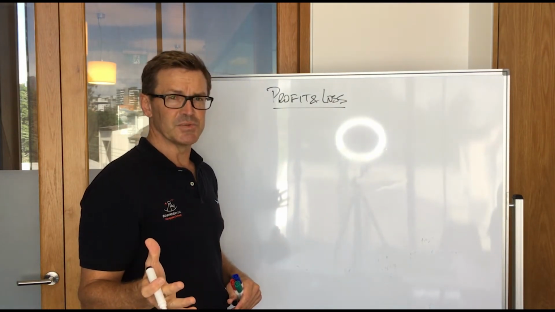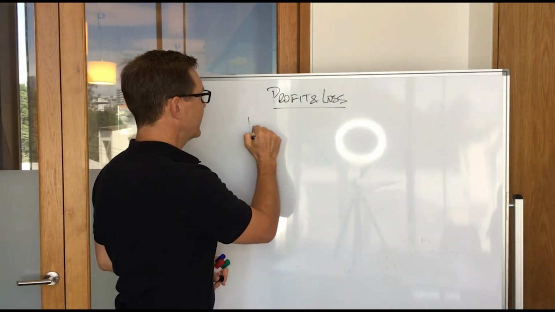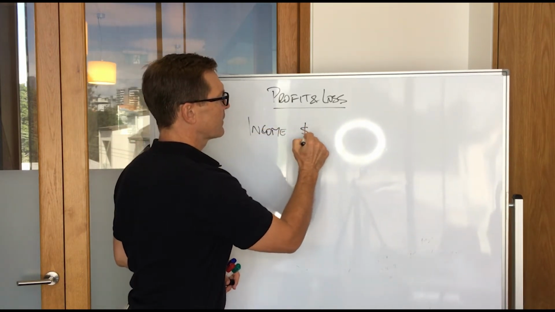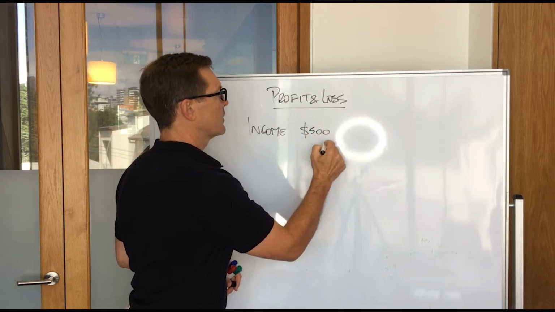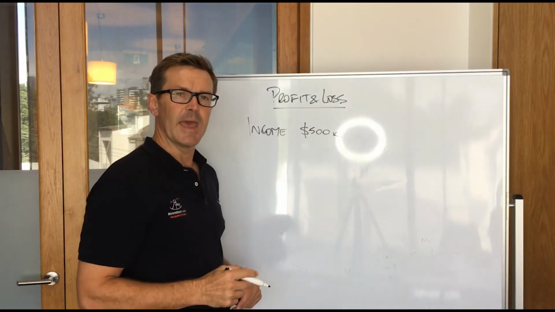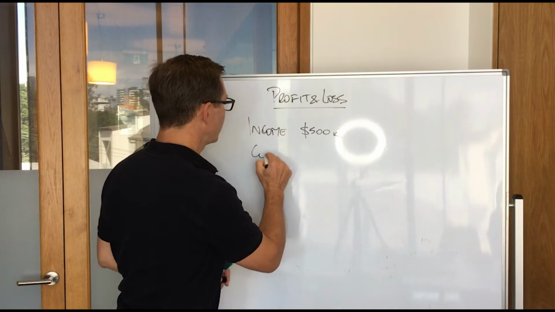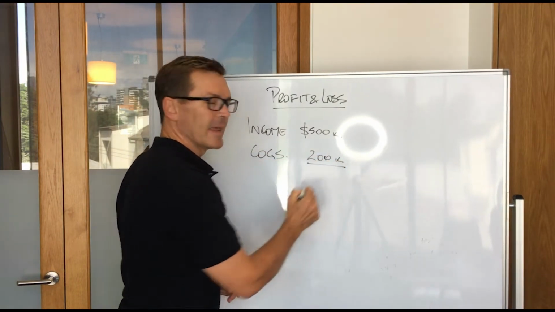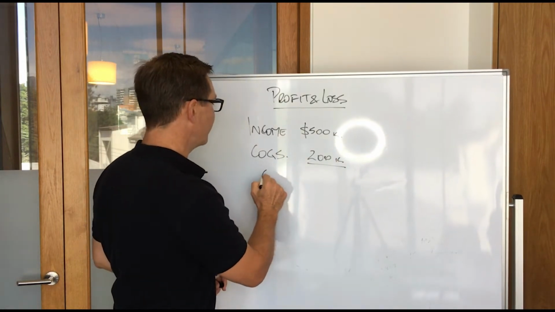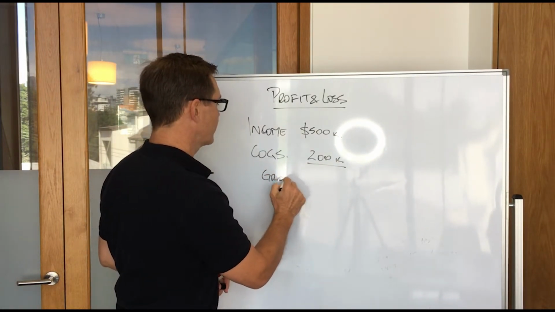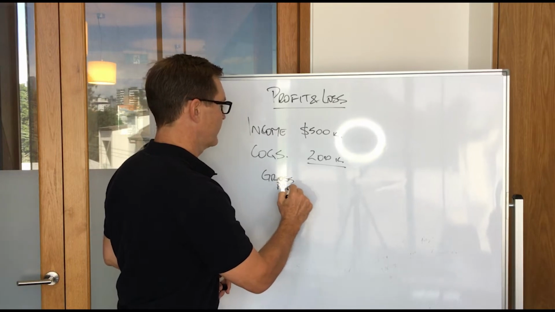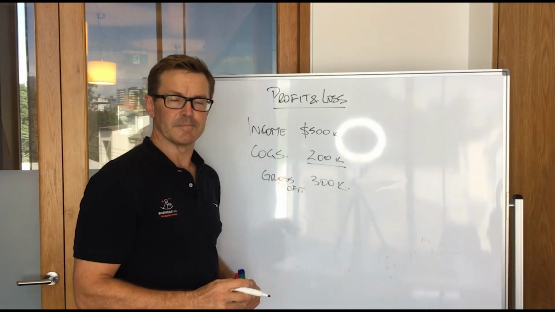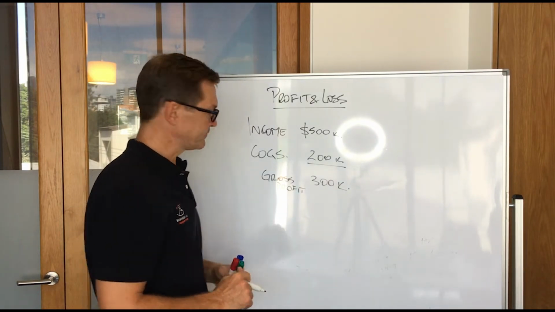Imagine a situation where a business is turning over $500,000, and it has cost of goods sold of $200,000 and makes a gross profit of $300,000. Hopefully we haven't lost anyone yet.